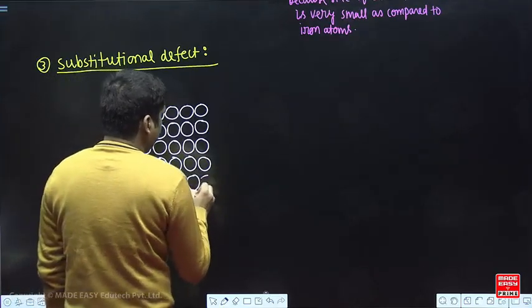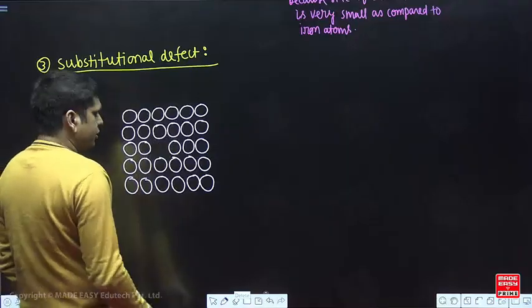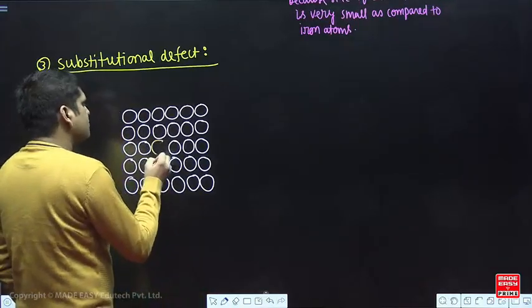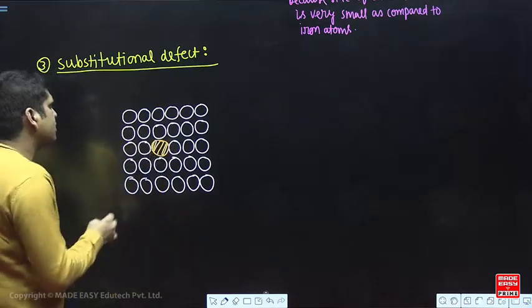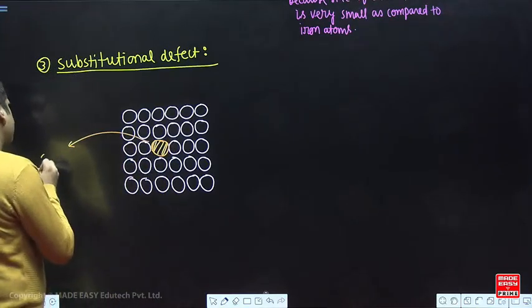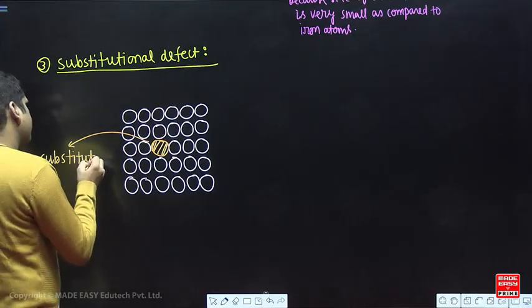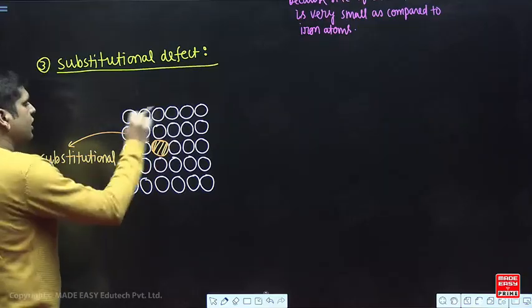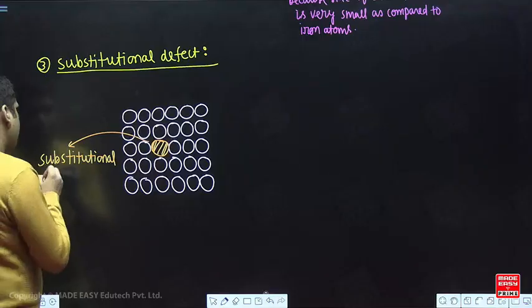Suppose this is copper and these are the atoms of copper, and you are mixing nickel into the copper. So both are of almost the same size. So nickel will replace the copper, and this way a substitutional defect is formed. This is the substitutional atom. This impurity atom is known as a foreign atom, and these atoms in which the impurity is added are known as parent atoms.